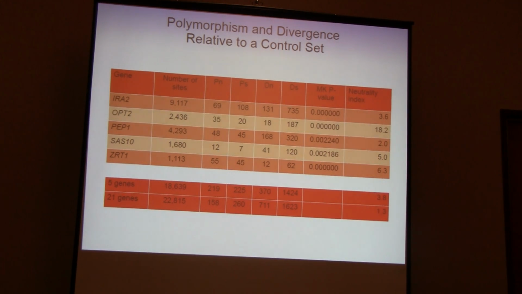And so just as a simple comparison, even though these 5 genes have about half as many non-synonymous substitutions between species, they have 50% more non-synonymous SNPs within species. So these are a selected set of outliers in the genome.